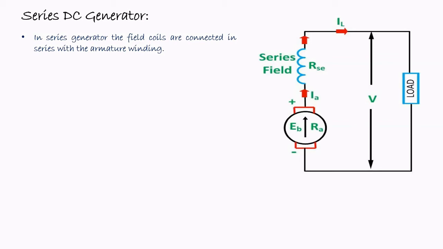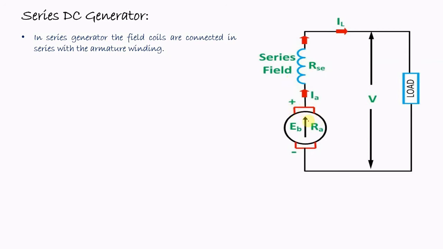That means no extra voltage source is required to give the power supply to the field winding to produce the magnetic field. So the field winding and the armature windings should be connected to each other. They may be connected in series, they may be connected in parallel, and they may be connected in both series and parallel. So the first case is when the field windings and the armature windings are connected in series.